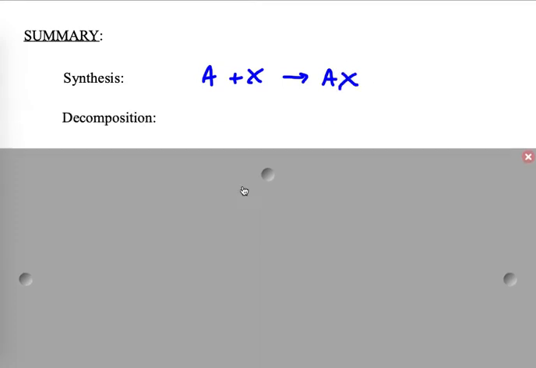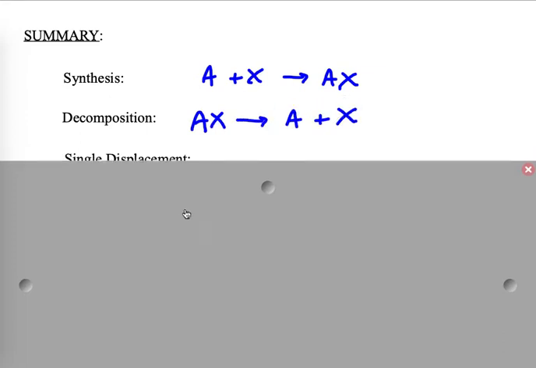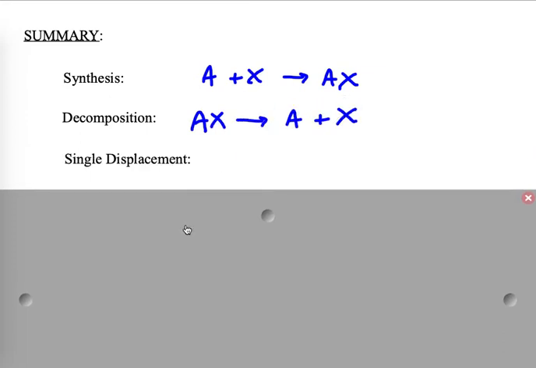So, let's summarize. In a synthesis reaction, A plus X forms AX. In a decomposition reaction, the reverse of synthesis, AX forms A plus X. In a single displacement reaction, AX combines with B. B displaces A to form A plus BX.